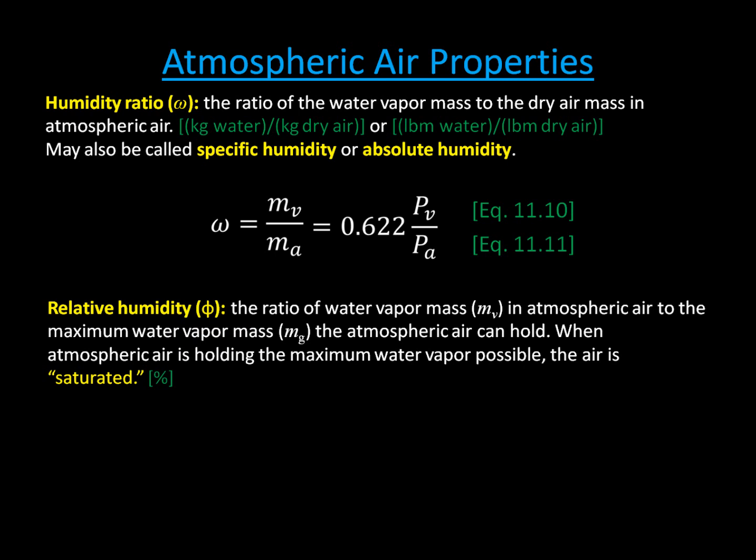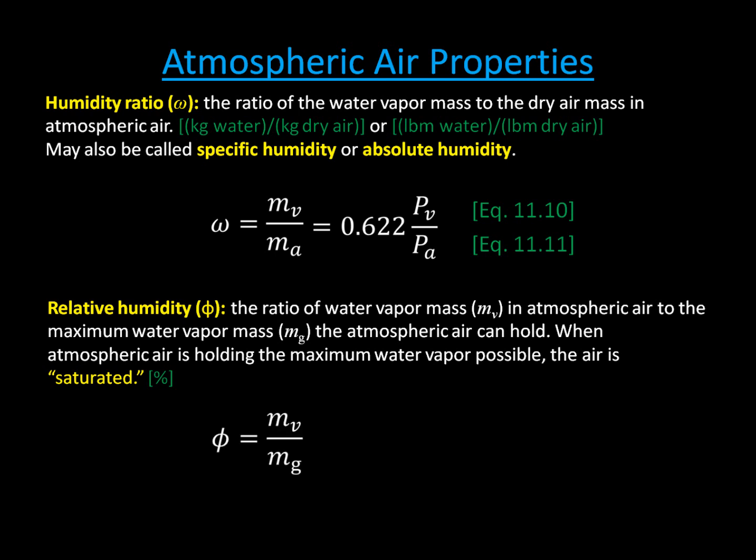Let's talk about relative humidity, and that's phi. Relative humidity is the ratio of the water mass, so that mass of the vapor in the air, compared to the maximum amount of water vapor mass that atmospheric air can hold at that given temperature and pressure. And so when it's holding the maximum amount possible, that's what we call saturated, and that's in a percentage. Right? So 100% would be fully saturated.